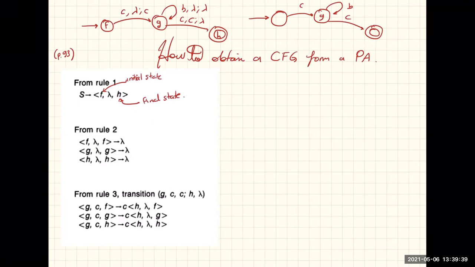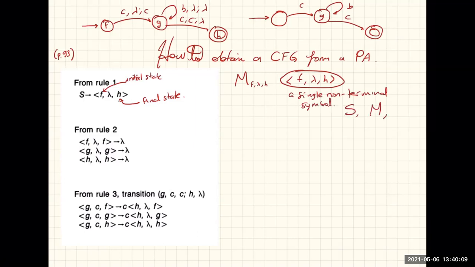Remember that for non-terminal symbols we usually use a capital letter. So you can imagine that this M can have subscripts, just like F, lambda, H. But actually, all this is just a single non-terminal symbol, just as if we wrote S, M, or P, or anything with a capital letter.